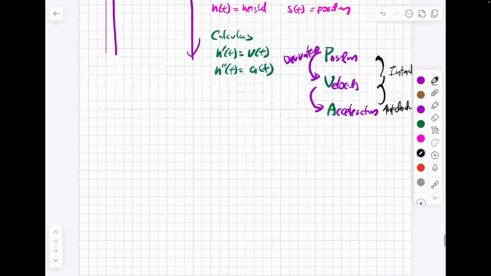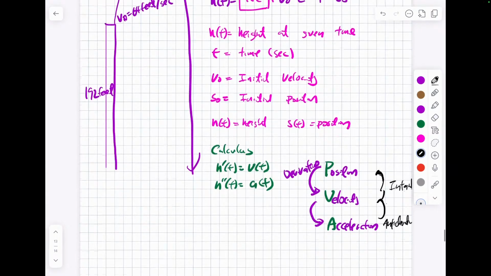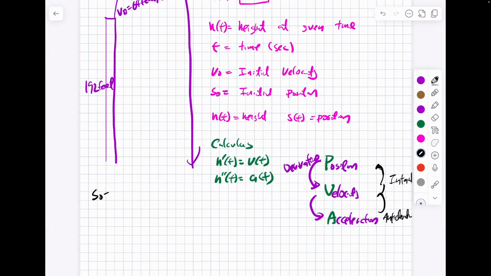Now, I am going to give you the situation. So s0 is equal to 192. Is that okay? v0 is equal to 64 feet per second. Is that okay?